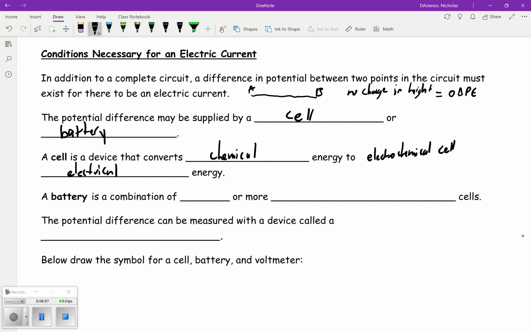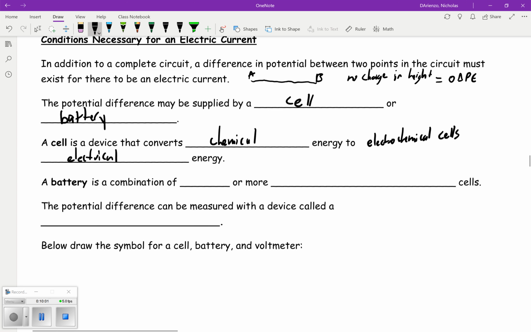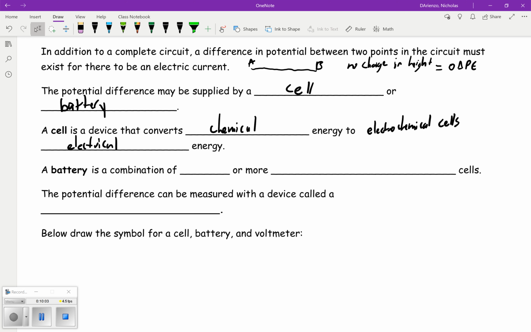You guys did a lab on this. Now, a battery is a combination of two or more electrochemical cells. So if we take two or more, put them in combination with each other, we get a battery.